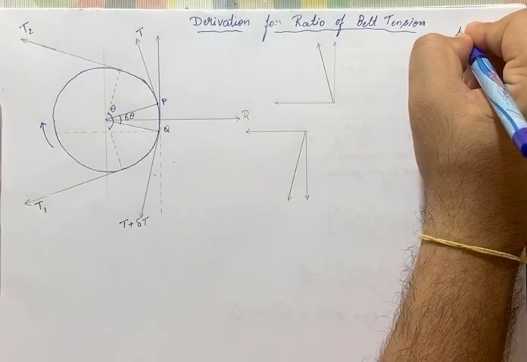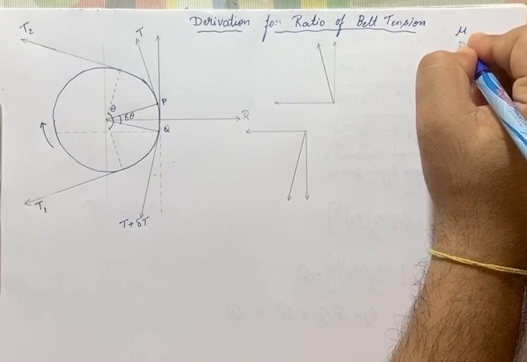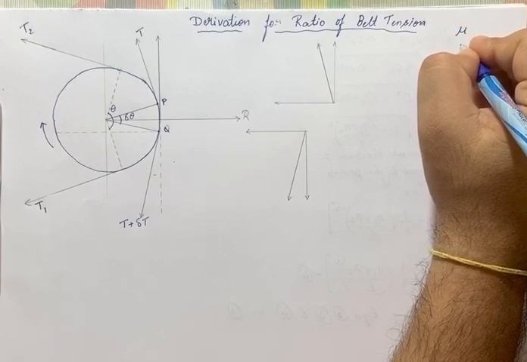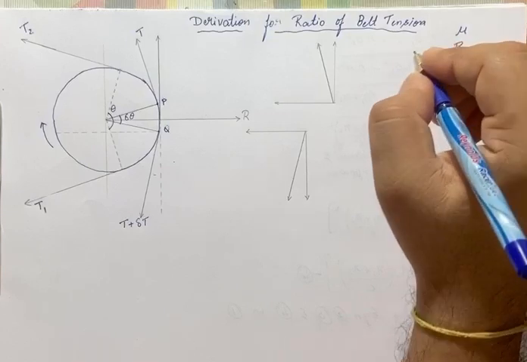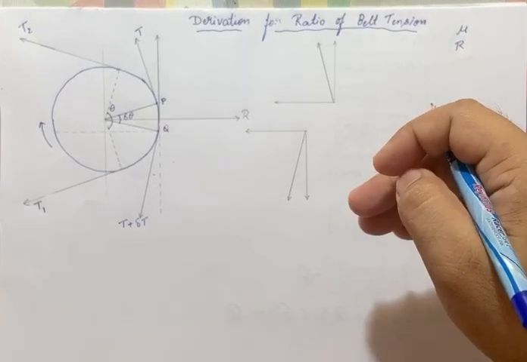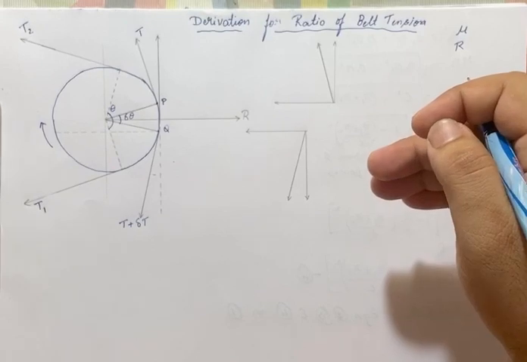After that, we consider mu as the coefficient of friction between the belt and the pulley. R is the normal reaction force exerted by the pulley on the belt.